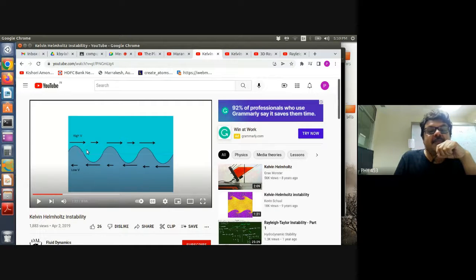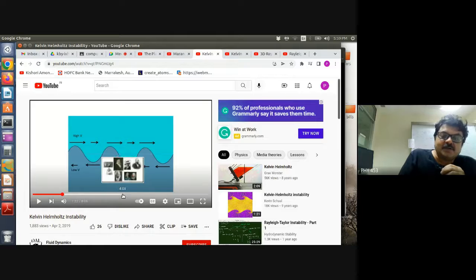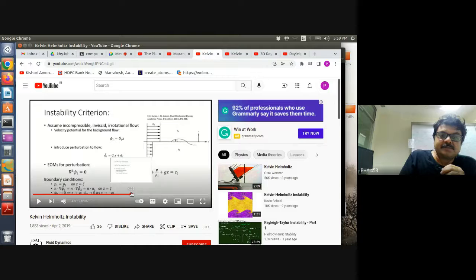Then there can be a height fluctuation, and when there's a height fluctuation, this part is then pushed, and there is some pressure difference, and so on. Bernoulli, I'm not going into the detailed physics, is pushed, and what you see is the Kelvin-Helmholtz instability.